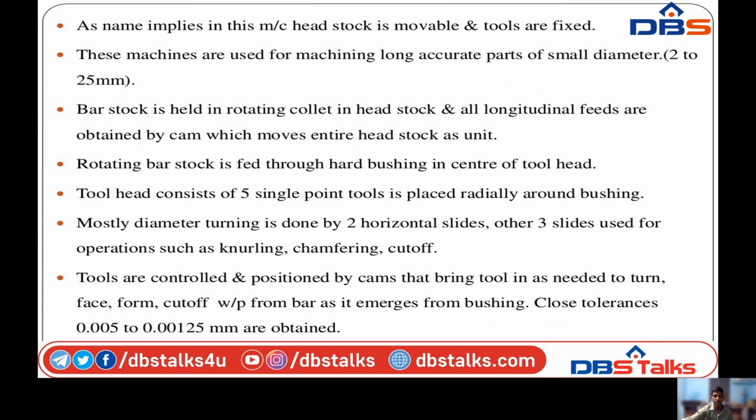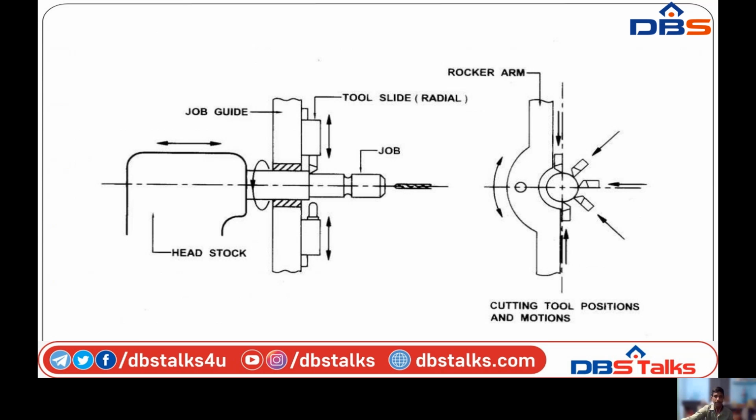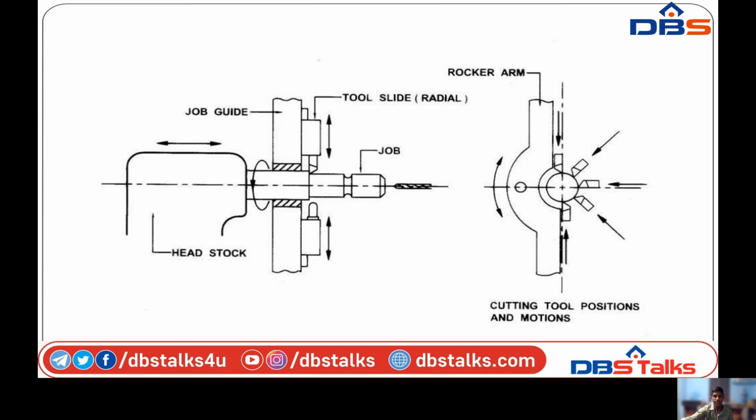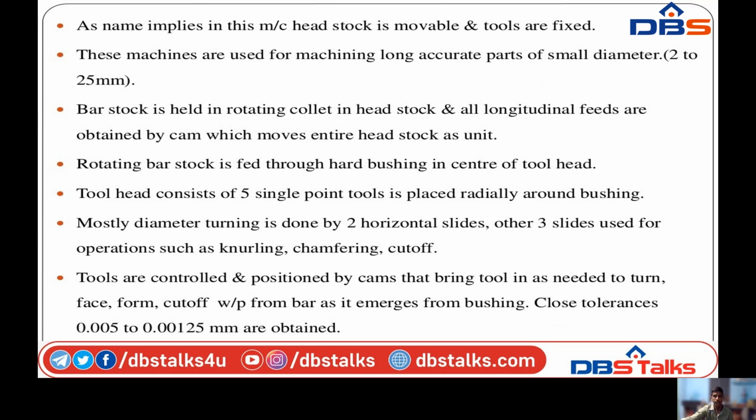In this, as the name implies, the machine headstock is movable and tools are fixed. Okay, here I am showing. In this, the headstock is movable, then the tools are fixed.